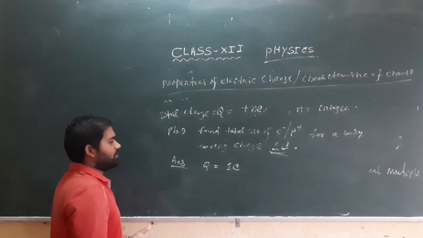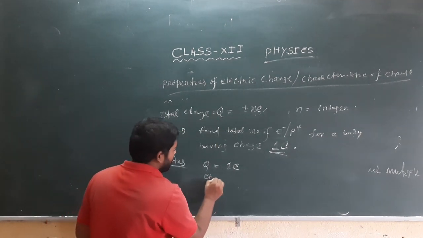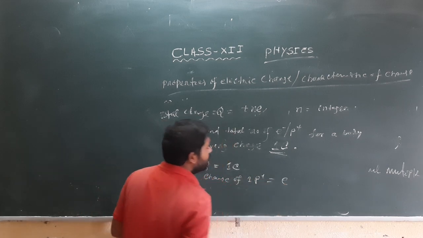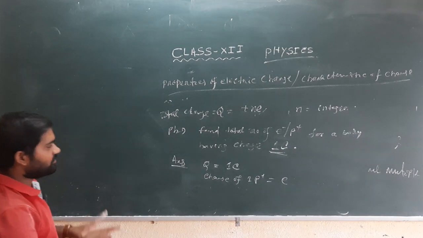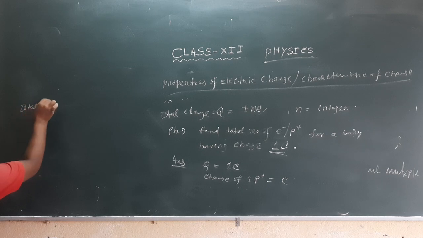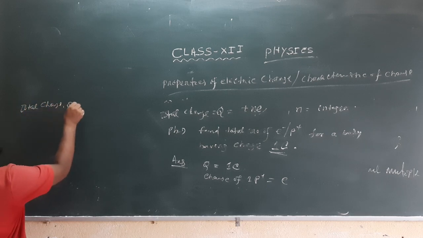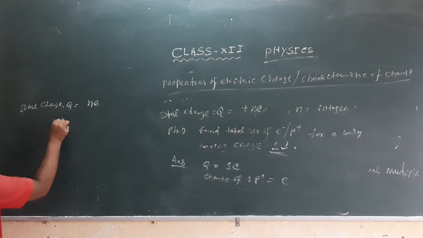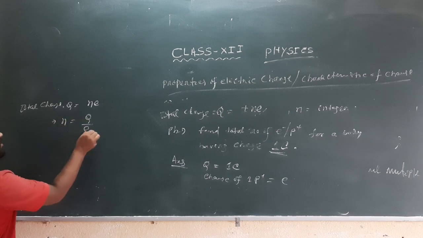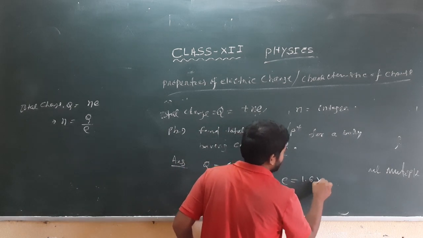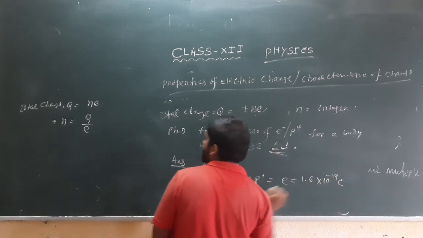Suppose we consider the charge of 1 proton equals e, and as per the quantization rule, the total charge Q equals Ne. Here N is the number of protons or electrons, so N equals Q upon e, and the charge of a proton is 1.6 into 10 to the power minus 19 coulomb.